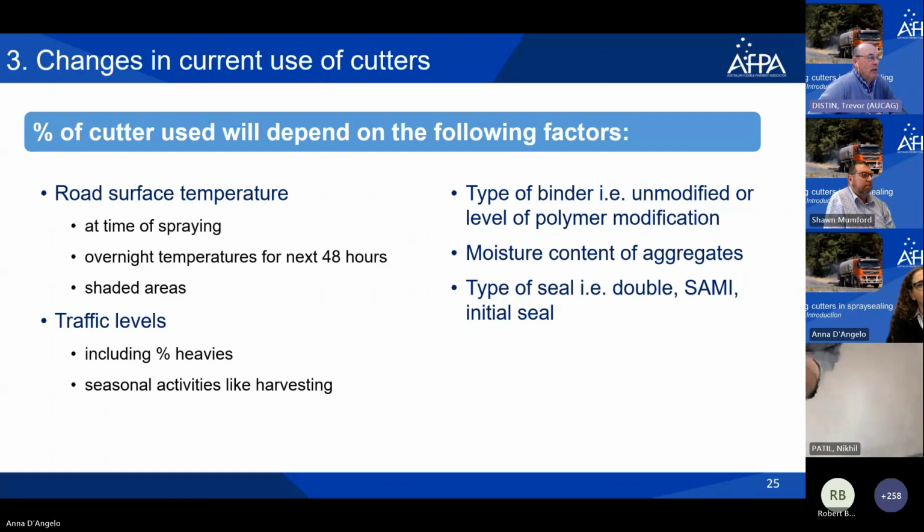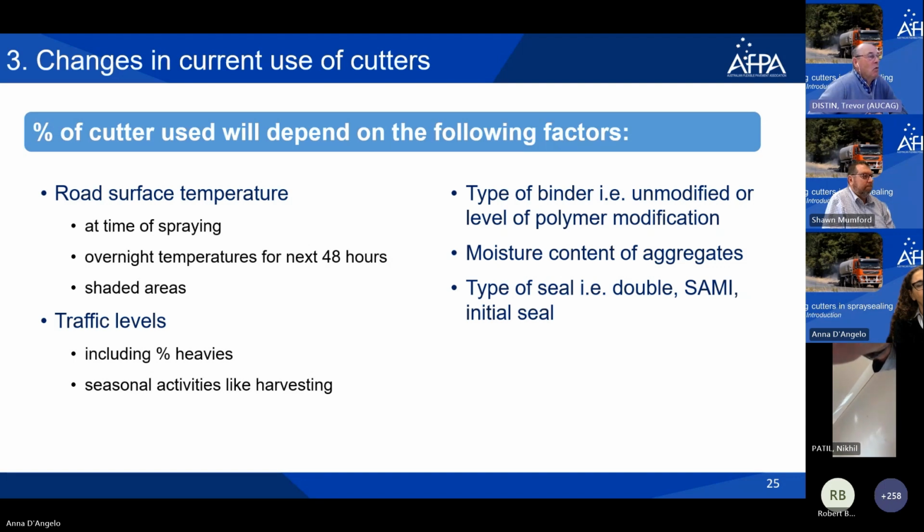And then the last one, where we often see it on new seals, is stripping under bridge decks or in shaded areas. So again, cutters are helpful in preventing this from occurring.